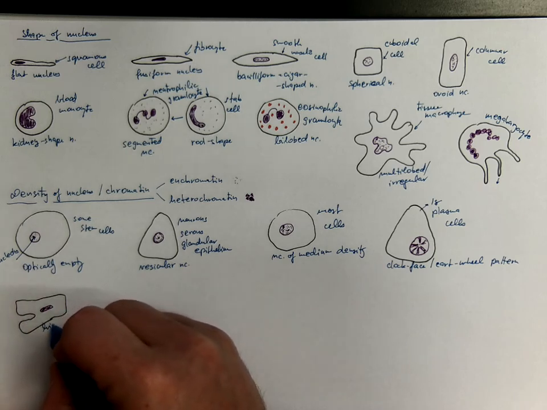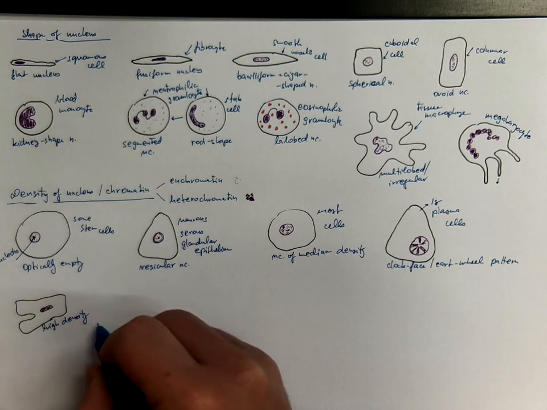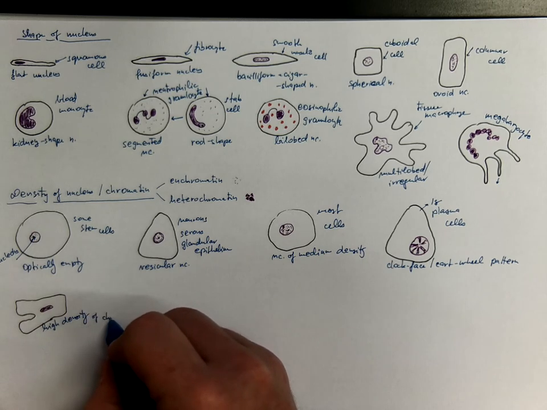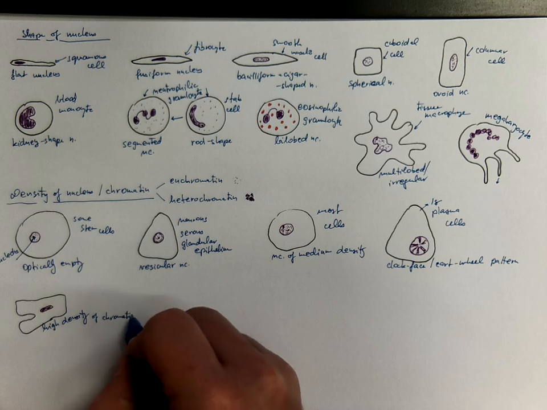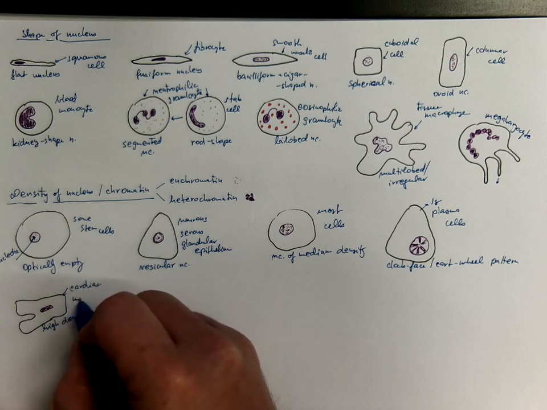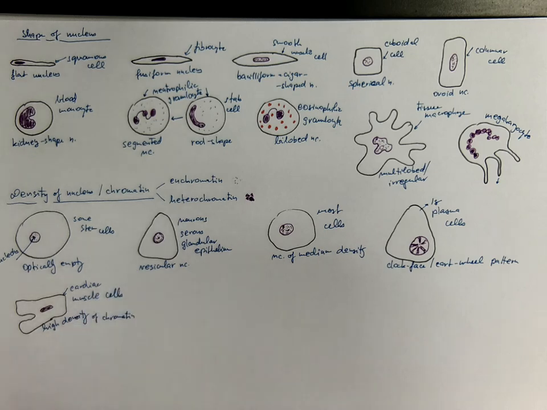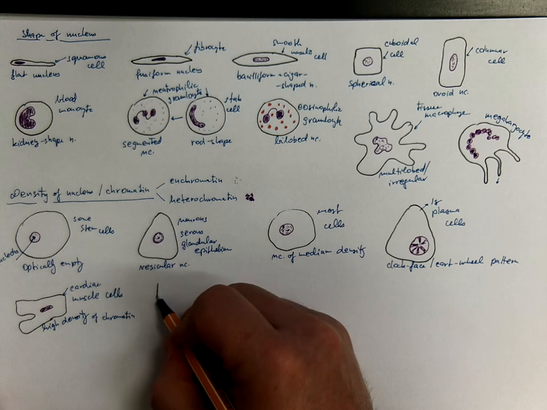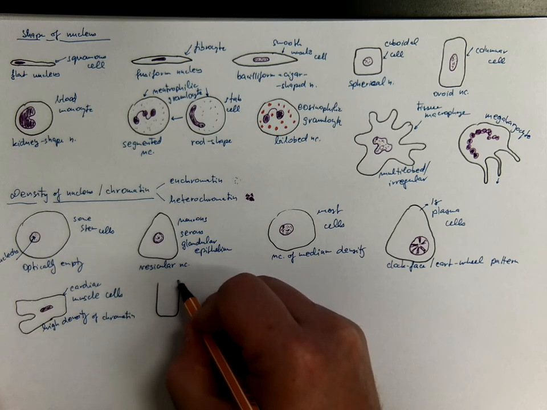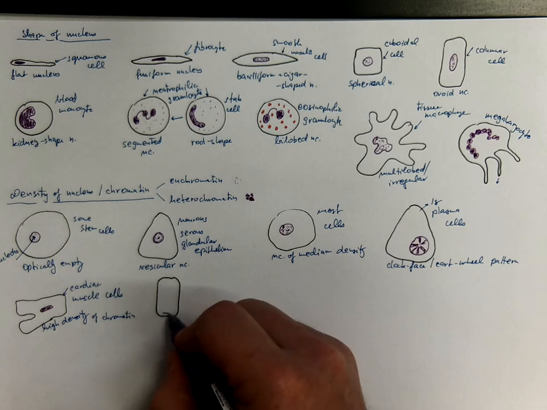So high density of chromatin, in cardiac muscle cells, or in mucus cells that are producing mucus components.